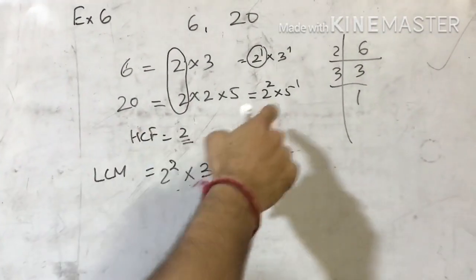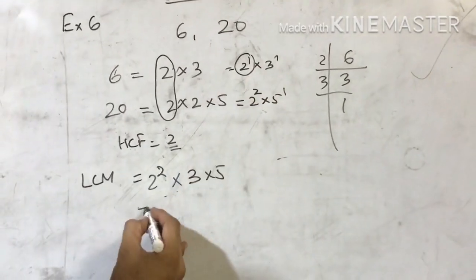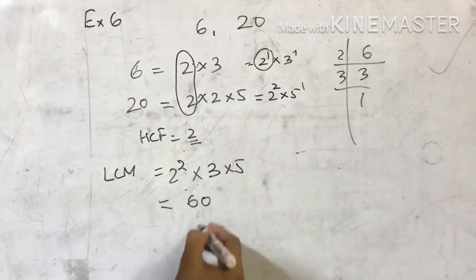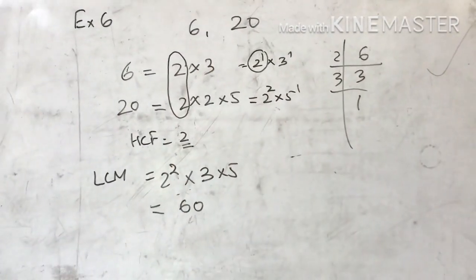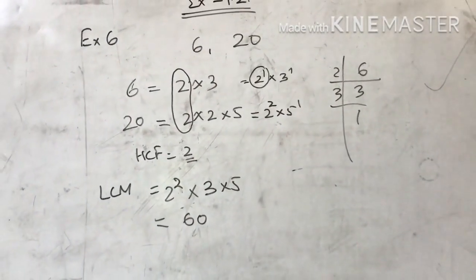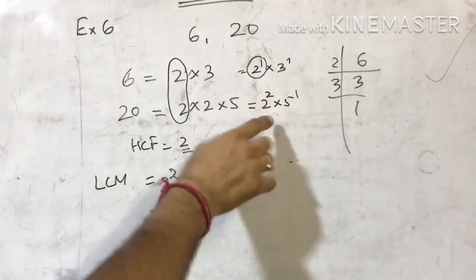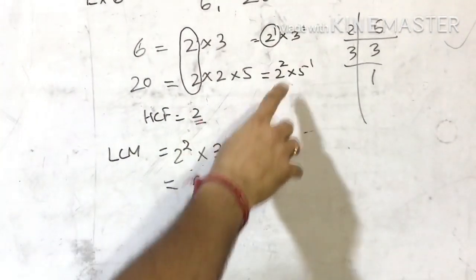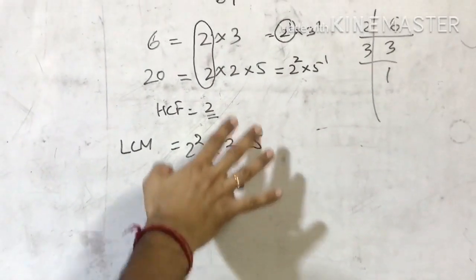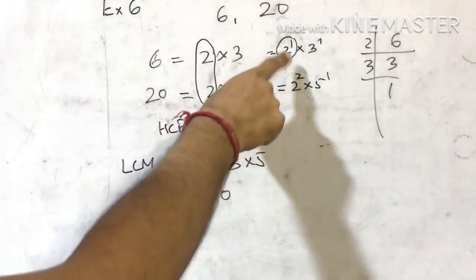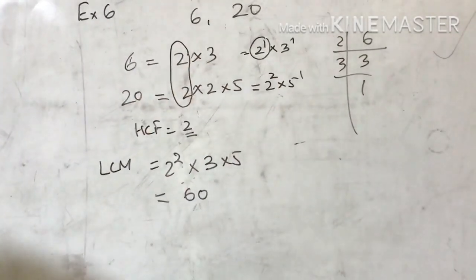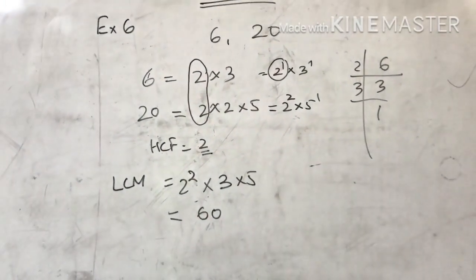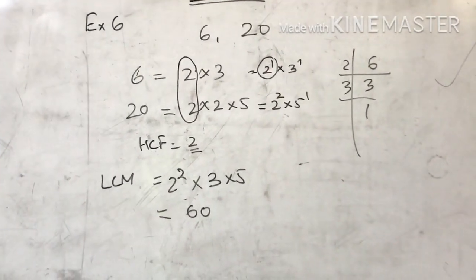You can't leave them. In LCM we consider all the numbers, even those not in pairs. Then you multiply all these numbers and you will get the LCM. If you have the same number with different powers, take the higher power, and multiply the rest. If you have to find HCF, take the lower power, and the numbers which are not in pairs you don't consider.